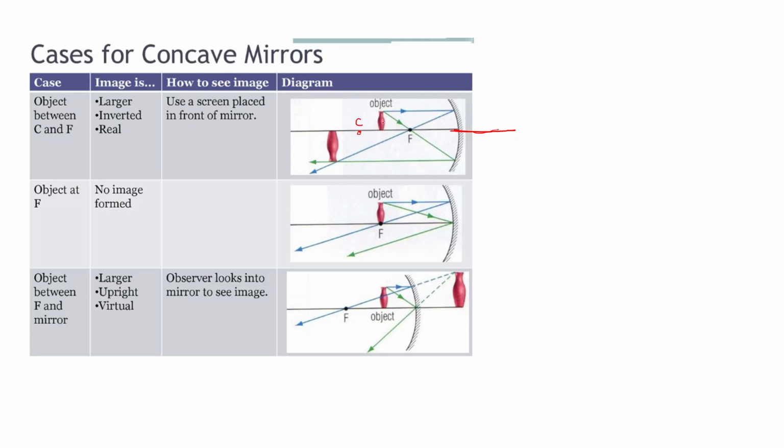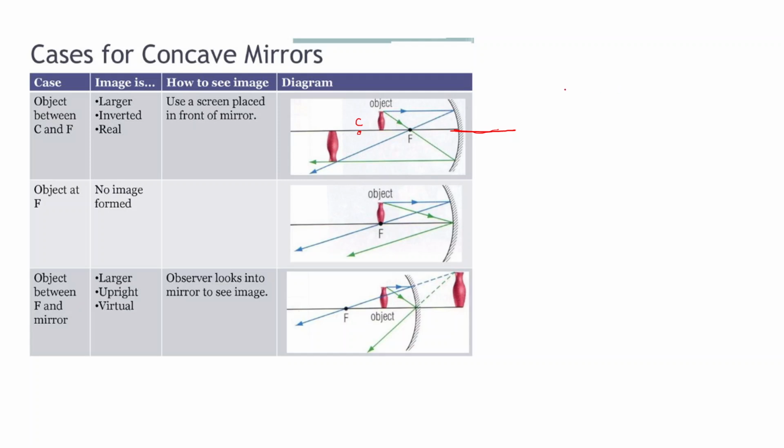So if my object is kept between this focus point and the center of curvature, then I'll obtain the image as inverted and real. This we'll also see when we understand the experiment that was done, where we wanted to find out the focal length of the concave mirror.